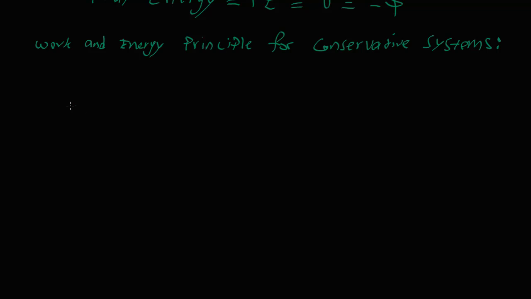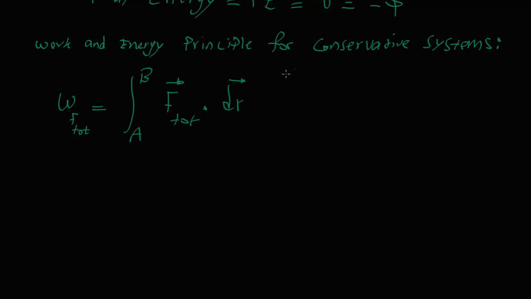Here we are assuming that we have a conservative system, all the forces are conservative, and we want to calculate W, the work of all the forces acting on a particle. So W of F total is going to be the integral from A to B of F total dot dr.